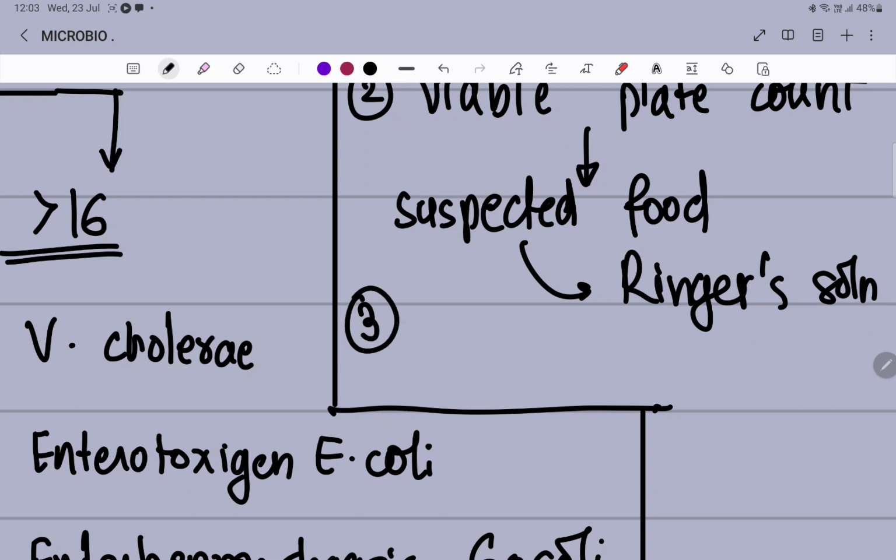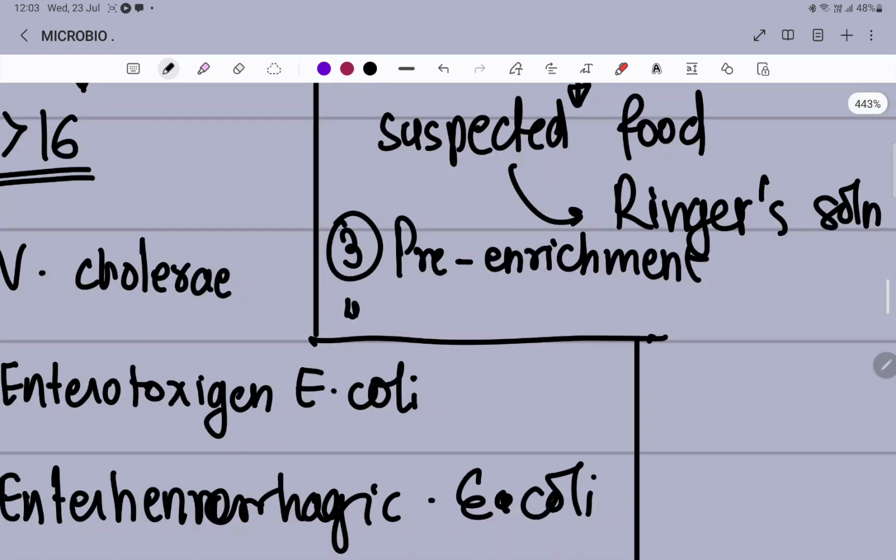And third, we can do pre-enrichment culture. Basically we take the food, isolate it, and it can be isolated on the agar culture. After pre-enrichment, selective enrichment is done to it, so it will revive the damaged organism, the already dying organism, because of pre-enrichment.